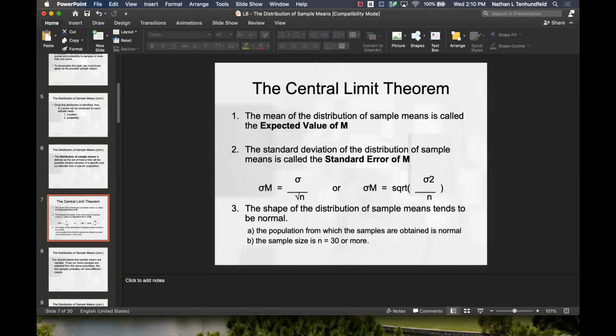It's the standard deviation of a group of means. Okay. Gotcha. It's essentially saying how far away is every individual sample mean from the population mean. Okay.